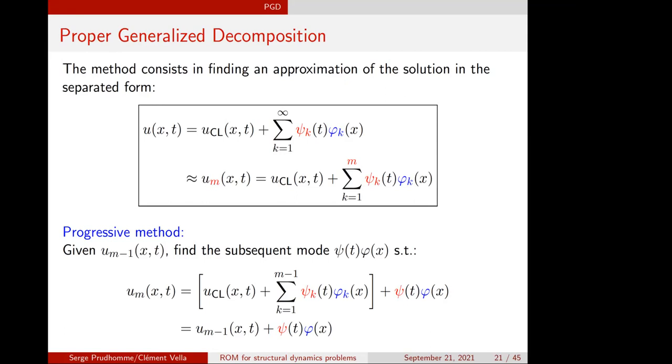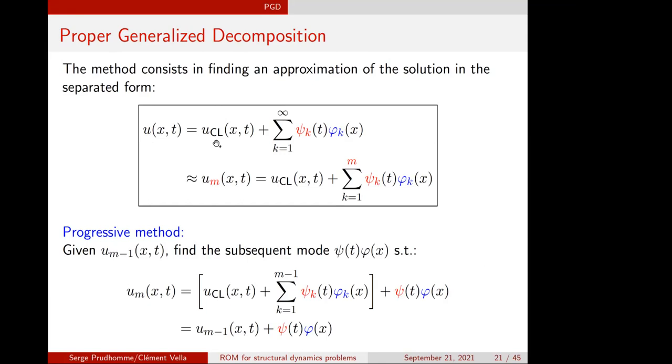It was introduced by Ladevez in the late 90s, early 2000. Essentially, the method consists in finding an approximation of the solution in the separated form, as I said earlier. So we want to have U given by U_L.